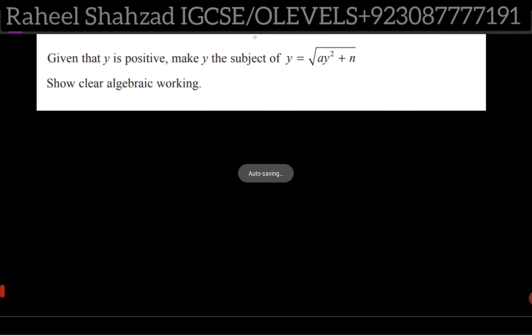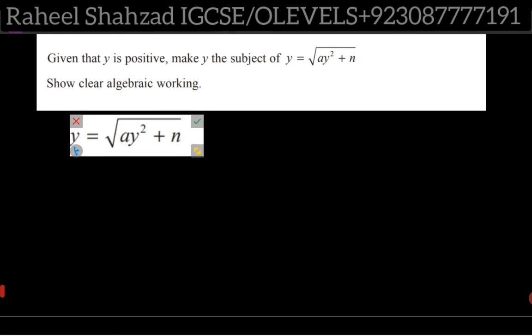So have a look. This is the question. Our first step is to take square on both sides.